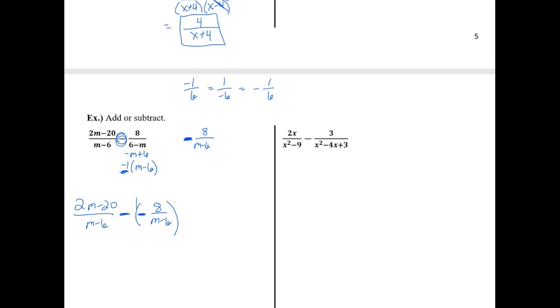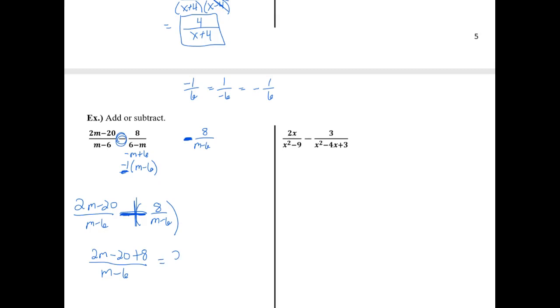When I subtract a negative, it becomes plus, right? Those two negatives multiply together to make a positive. So this one I actually didn't have to find the LCD. I just had to pull a negative out. And now I have 2m minus 20 plus 8 all over m minus 6, since the denominators match.